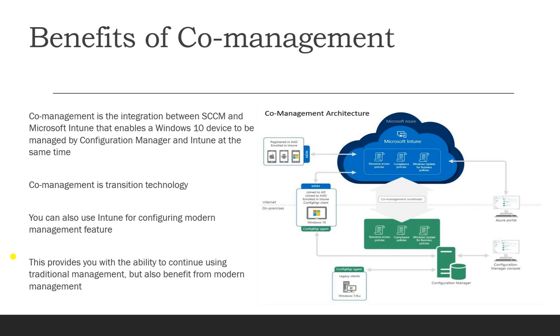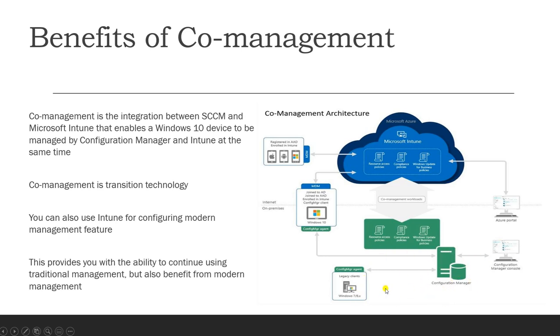This is the co-management architecture, which is seen on the right. Here is the Intune infrastructure with the Azure portal, with resource access policies, compliance policies, and Windows update. And here at the bottom you can see the SCCM infrastructure.